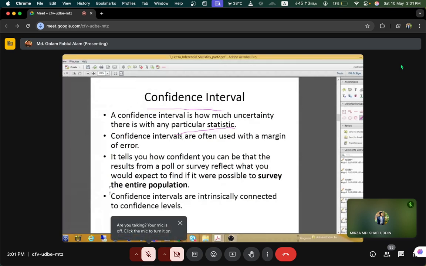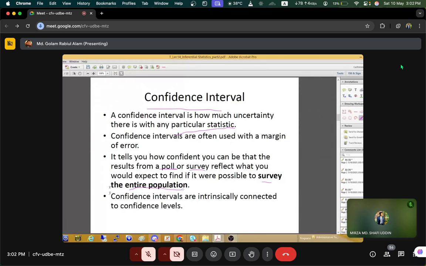So it tells you the confidence that the results from the poll or survey reflect what you would expect to find if it were possible to survey the entire population. It means that to prove any statistic, you collect the data from a sample, not from the whole population.